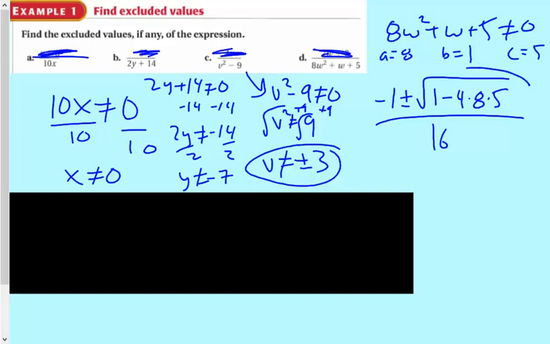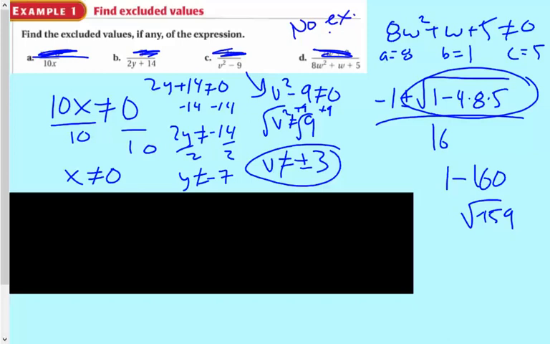If I look at this part right here, we have 1 take away 20 times 8, which is 160. That is the square root of negative 159, which does not exist. So there are no values that will make this 0, and there are no excluded values for D. That's kind of interesting.